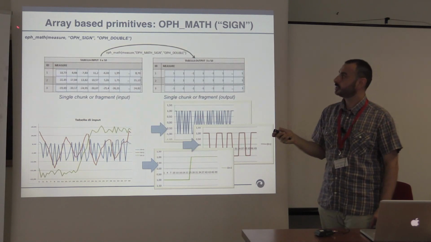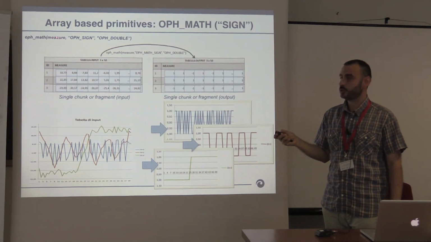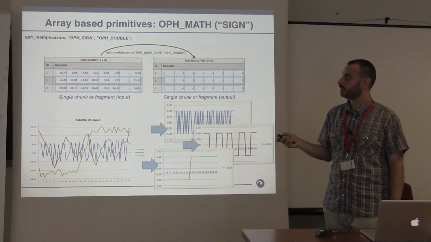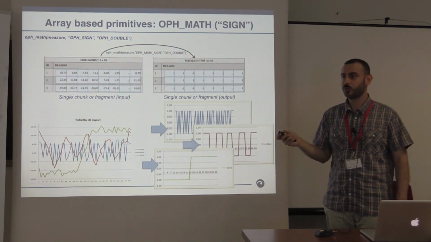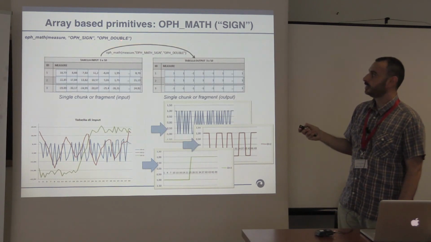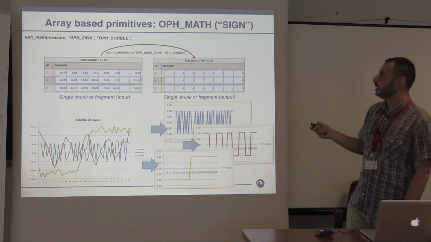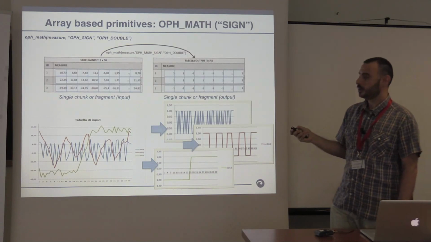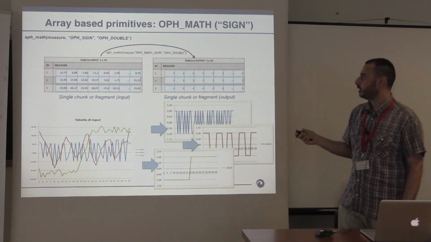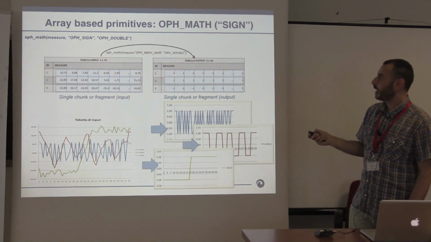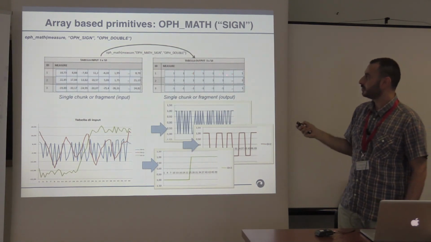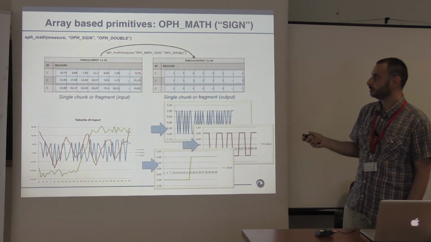So this is the statement: OPH map measure is this column, OPH sign, the function we want to perform, and the type. This is the input. The output is always in an array-based form. In each array we have all the signs of the input data.